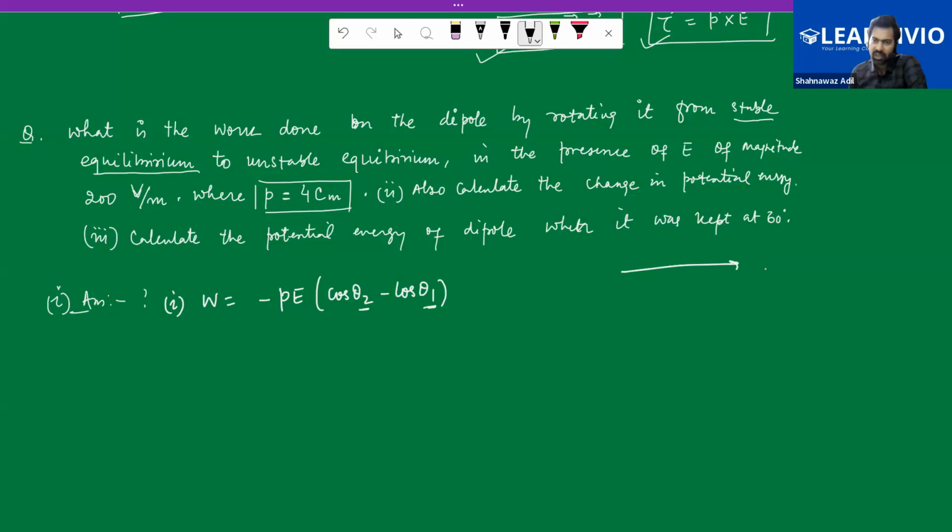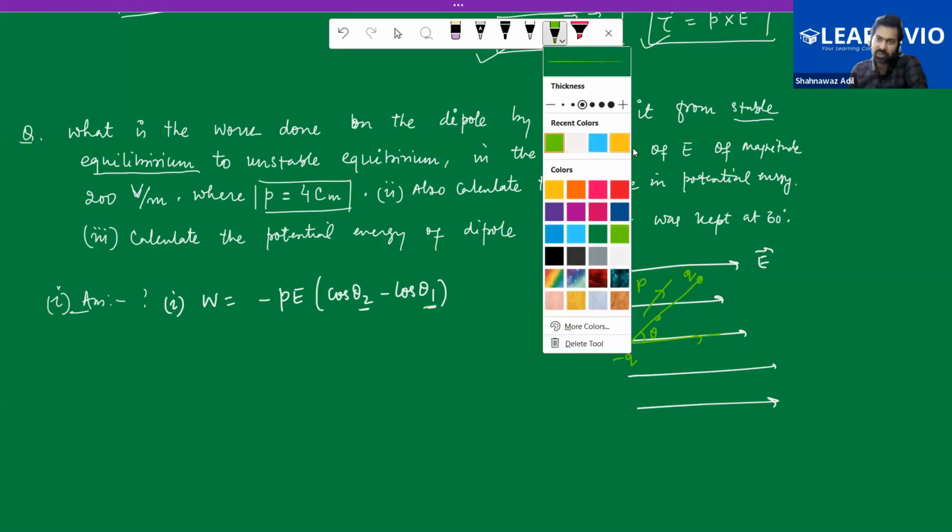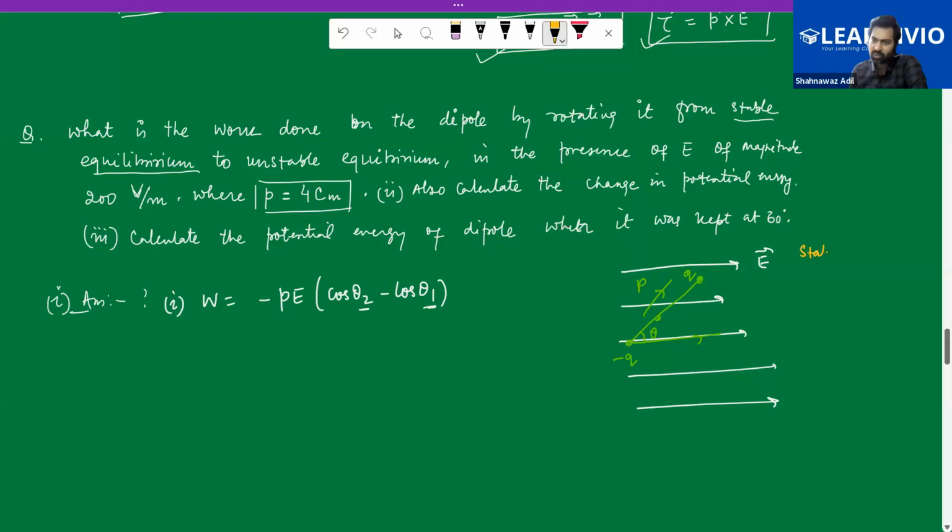We have this electric field and you have this dipole, and this is the dipole moment. This is the angle theta. When do we have the stable equilibrium and when do we have the unstable equilibrium?